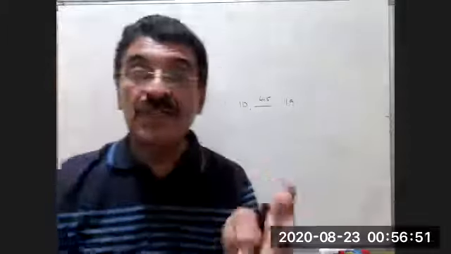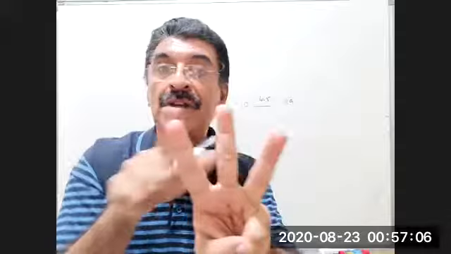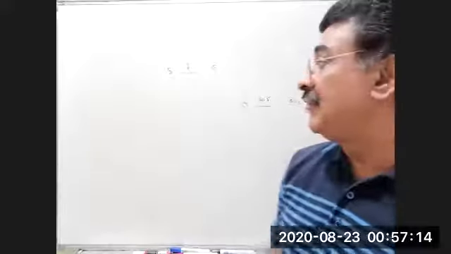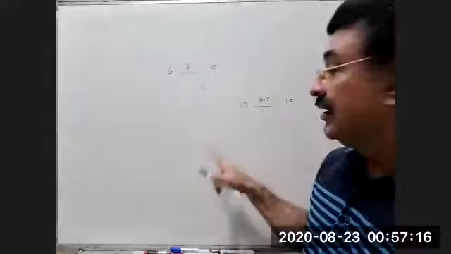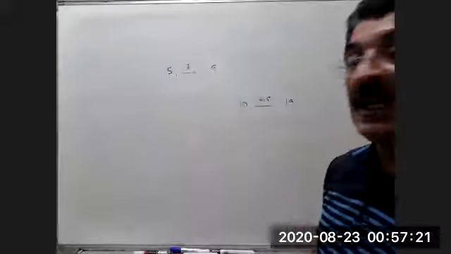So the number which we inserted in between, we kept it between these two numbers so that these three numbers are in AP. Such an inserted number is called the arithmetic mean. So here 7 is the arithmetic mean between 5 and 9. 14.5 is the arithmetic mean between 10 and 19.